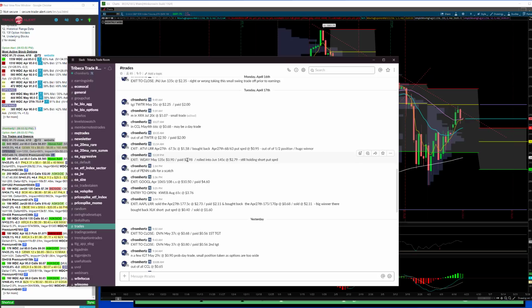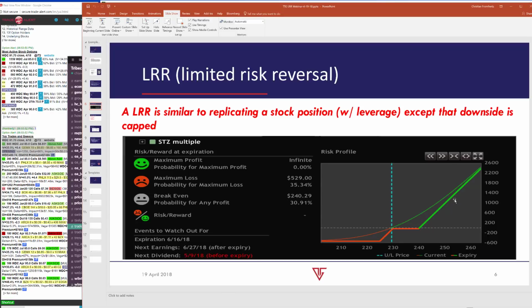So some of these you could basically get nice doubles or triples. Once the price starts getting up here, now you're dealing with a double or a triple.